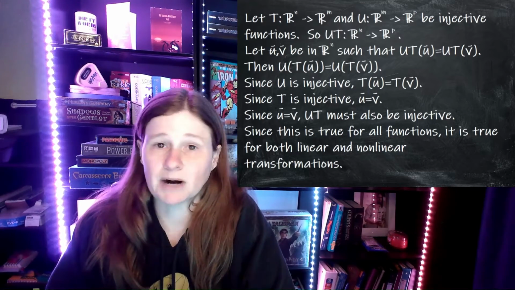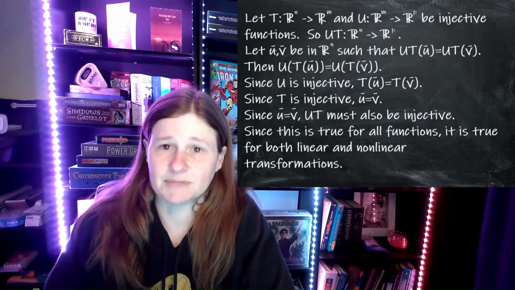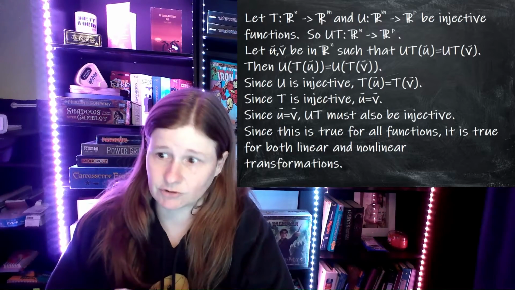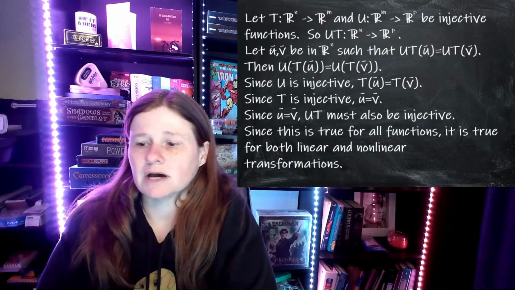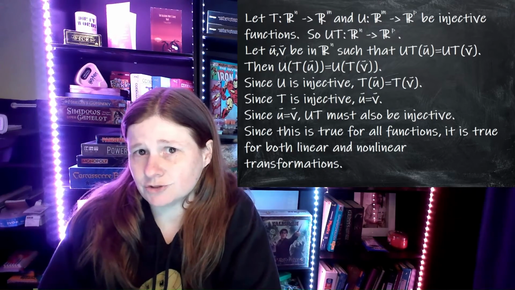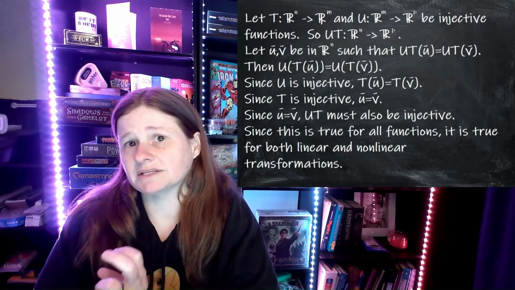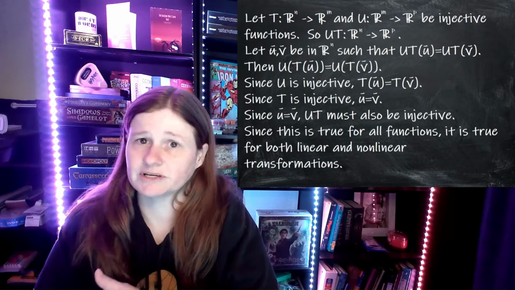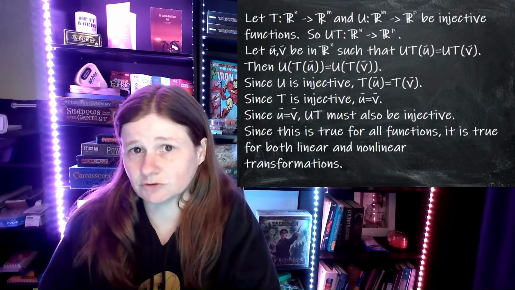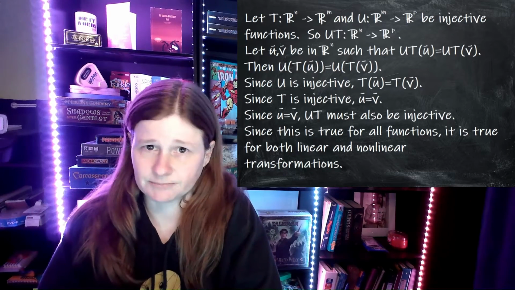So just by the definition of a composition, that means that U of T of u is equal to U of T of v. Now, we are given in the problem that U is injective. So we know that everything inside of those parentheses must be equal, since it's already given that it's injective. So T of u must be equal to T of v.